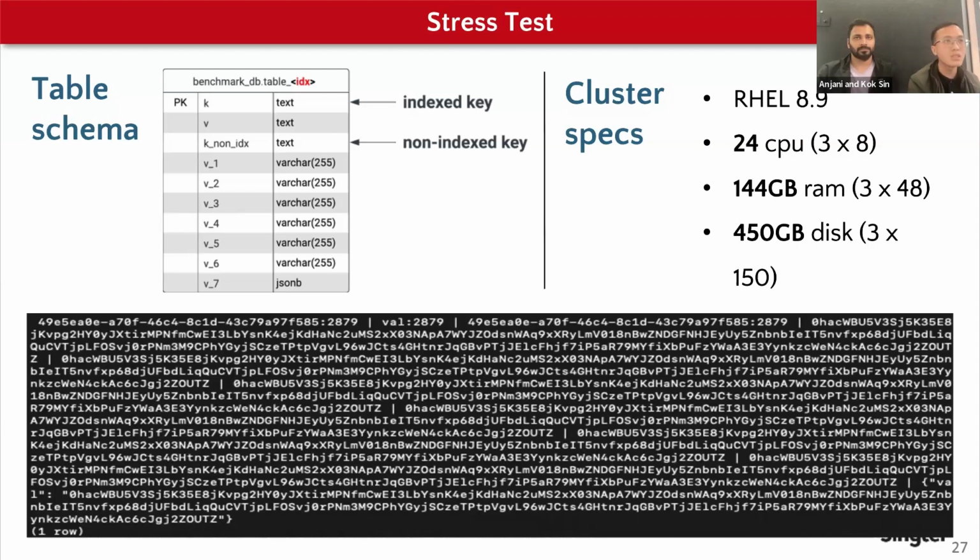At the bottom, this is a sample row in our database. Each column has a max length of 255. Keep in mind that all this data is sent across from the cloud to the on-prem cluster.